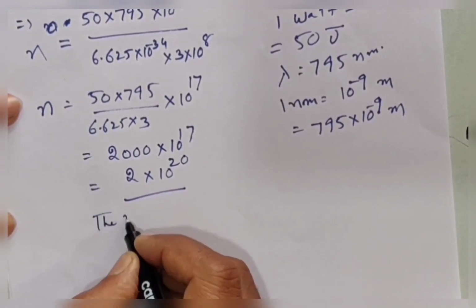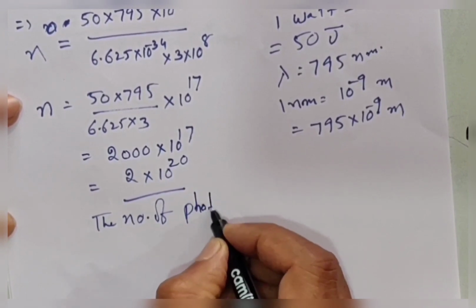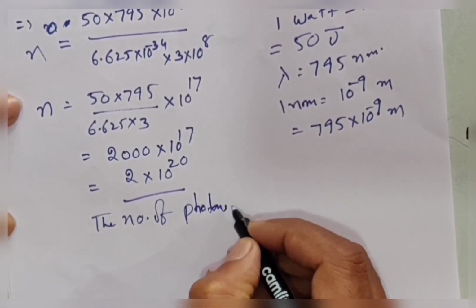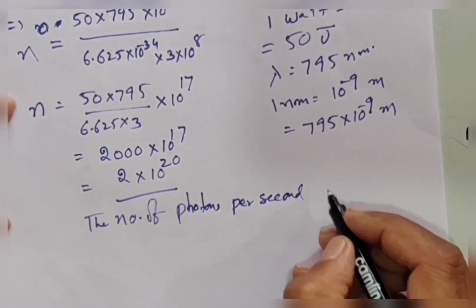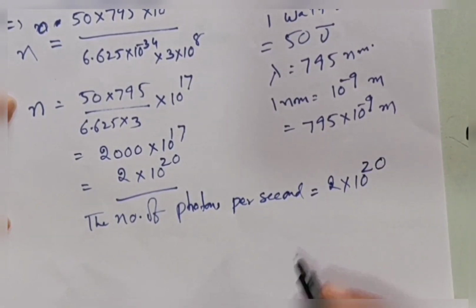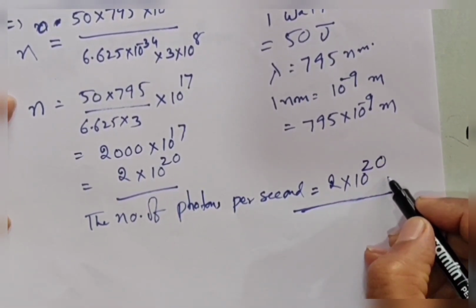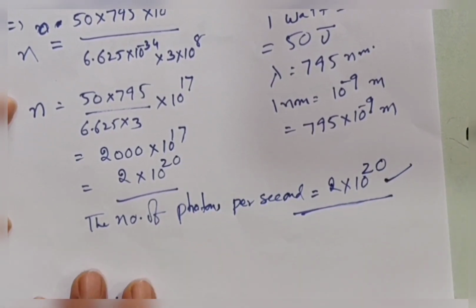Now the number of photons per second is equal to 2 into 10 power 20. This is the correct answer. It was given in numericals, that is integers, no?